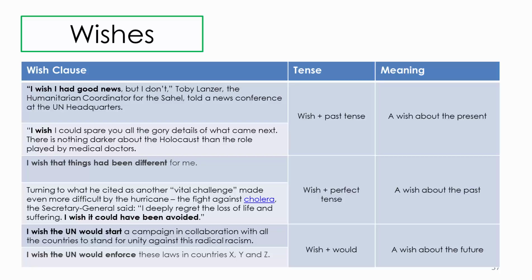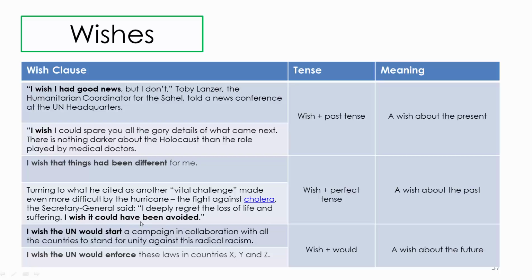Okay? If you want to make a wish about something in the past, then you're going to use the wish plus perfect tense. Wish plus the past perfect, or wish plus the modal and the perfect form. So I wish that things had been different for me in the past, or last year, or when I was growing up, for example. I deeply regret the loss of life and suffering.